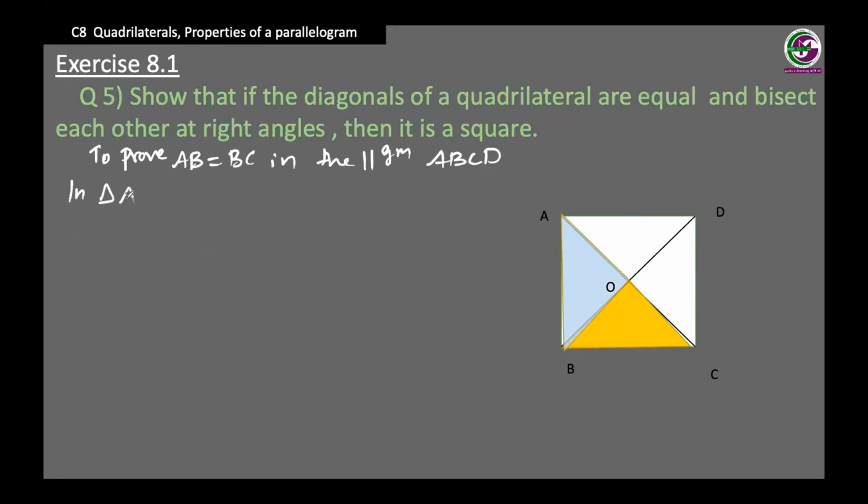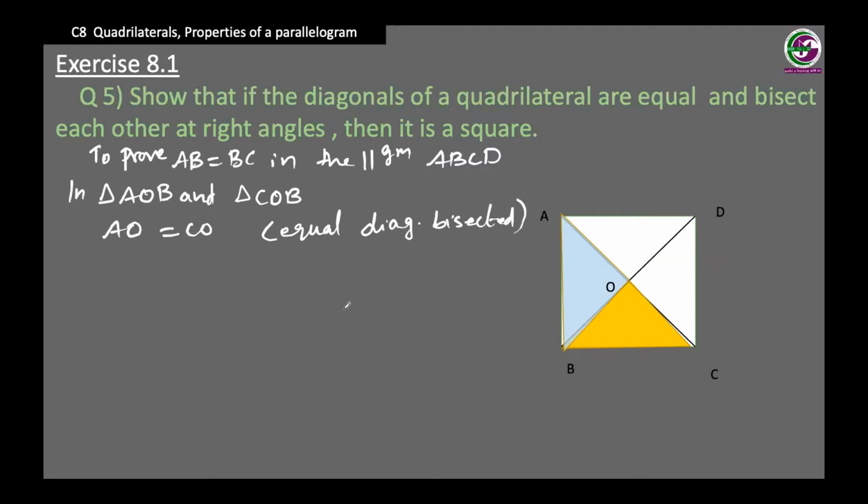In triangle AOB, we can see that AO is equal to CO. Equal diagonals are bisected, given. Also, we have BO is common.